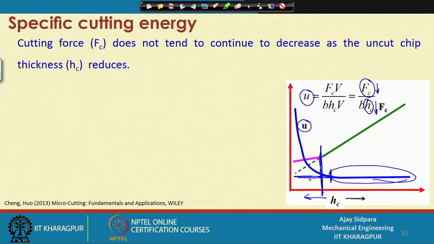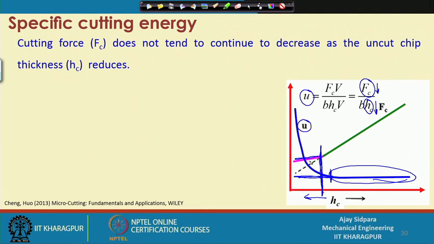But that is not the case here, and that is creating a problem in the specific cutting energy. Now you can see that your force Fc is on the higher side. Basically it should be on the lower side to balance this equation, but that is not happening in micro cutting. So, that is the problem.